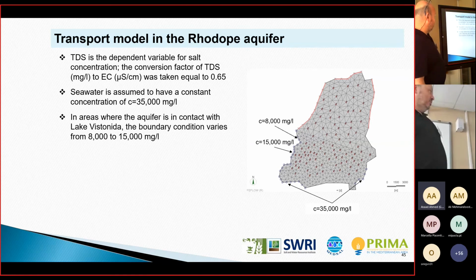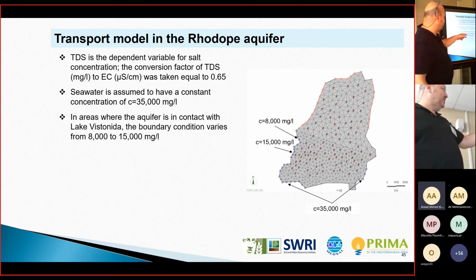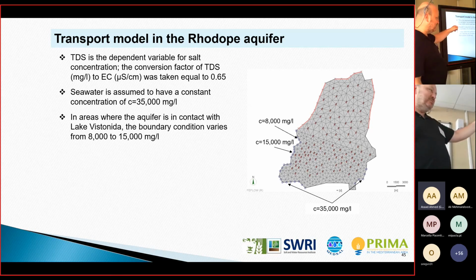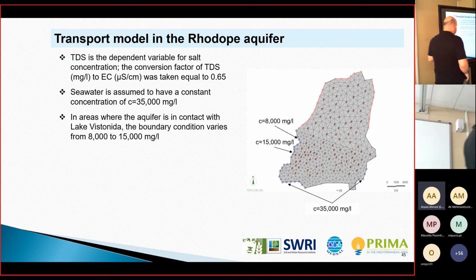For the transport model, as we said before, we used the concept of total dissolved solids. You can see here that we have a seawater boundary condition of 35 milligrams per liter in the sea.